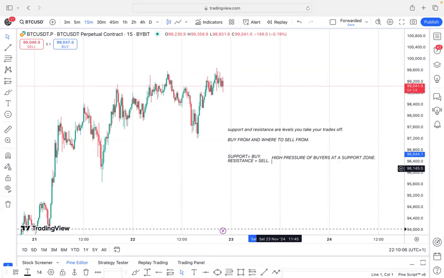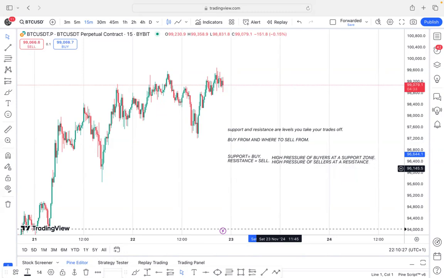Resistance will be a high pressure of sellers from a resistance zone.